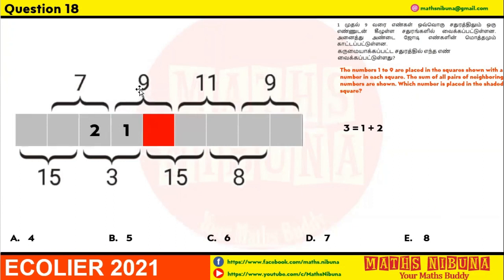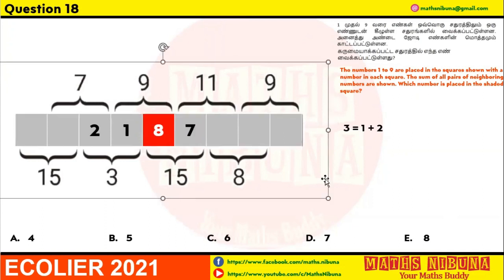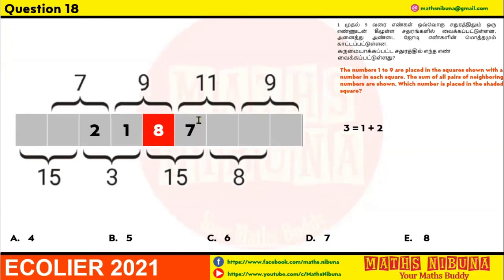This is 1, and this box is 9, you see here. So 1 plus 8 is 9. This 8 plus this is 15, so this must be 7. Now this is 7, and this plus this is 11, so this must be 4.